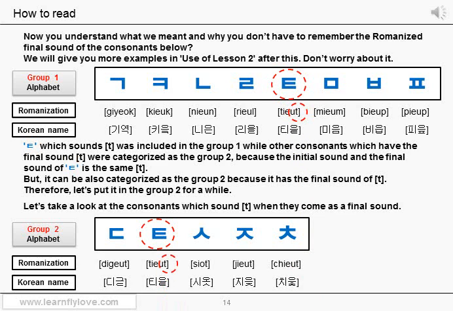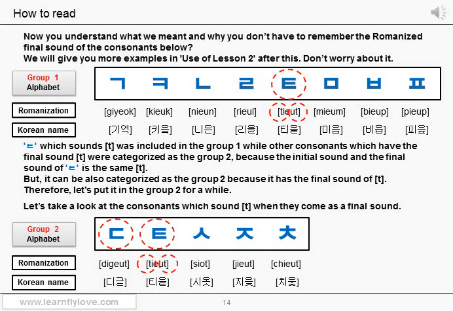It was included in group 1 in the first place, while other consonants which have the final sound T were categorized as group 2 because their initial sound is also T. But it can also be categorized as group 2 because it has the final sound of T. Therefore, let's put it in group 2 for a while.